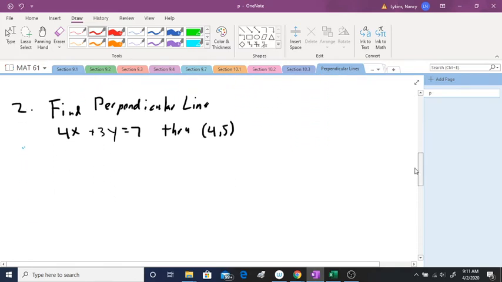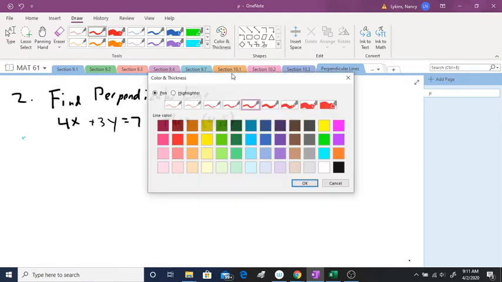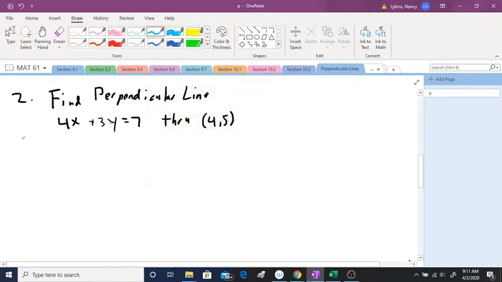Now, we could give you a problem that says we're finding the perpendicular line, however, I'm giving you the equation 4x plus 3y equals 7. Now, as far as this is concerned, we need to put this in mx plus b form, so we want to solve for y. I'm going to put a little box around the 3 and the y to protect them.